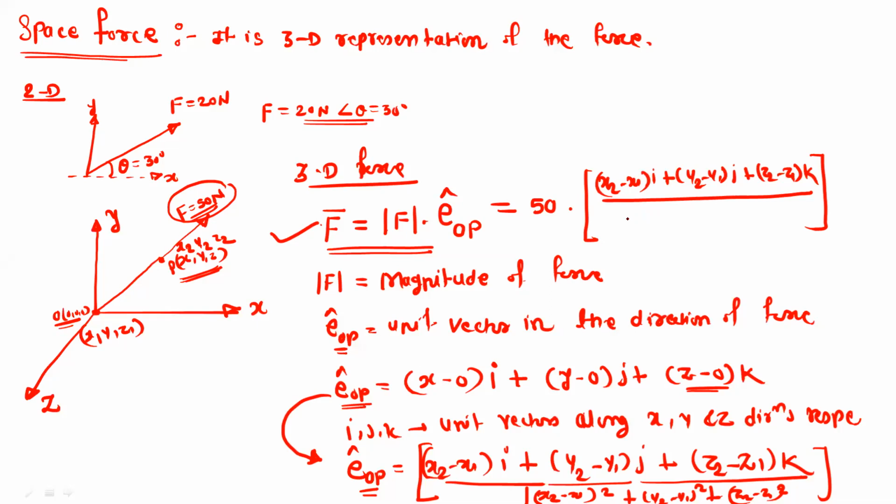So this is x2 minus x1 square plus y2 minus y1 square plus z2 minus z1 square, and the square root. So the square root value is nothing but the modulus of this vector. Okay. So this equation will give the total vector F bar. So this is called a vector representation. So we will understand this with the help of one example.